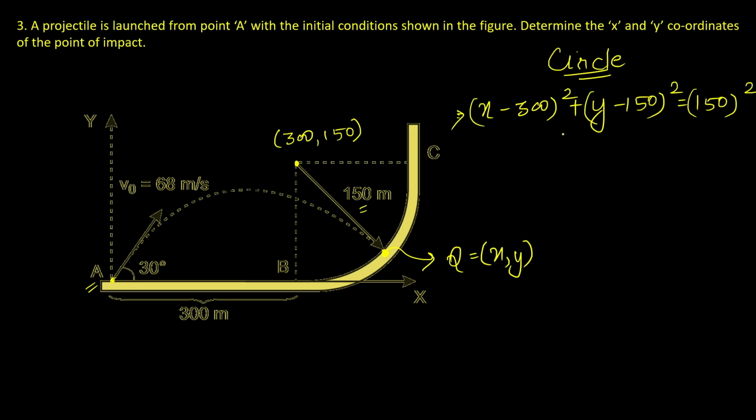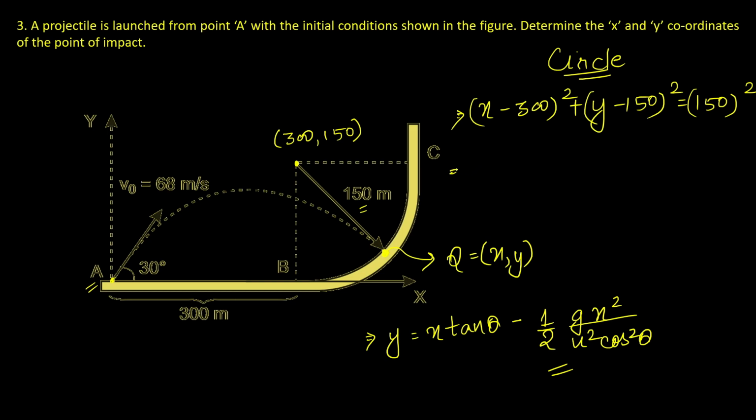Now for the equation of trajectory of a projectile, we already know that y equals x tan theta minus half g x square upon u square cos square theta. I have already derived it in one of my previous videos, so just go through that.